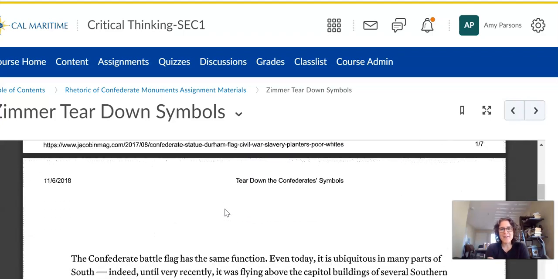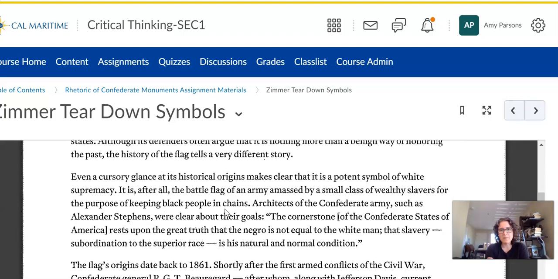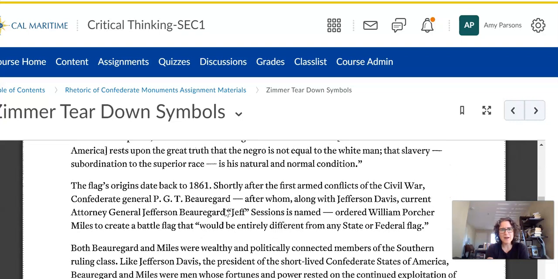I just want to point out something. It's right here. The flag's origin, he's talking about the Confederate flag, to 1861, shortly after the first armed conflicts of the Civil War, Confederate General P.G.T. Beauregard, after whom, along with Jefferson Davis, current Attorney General Jefferson Beauregard Jeff Sessions is named, ordered blah, blah, blah.